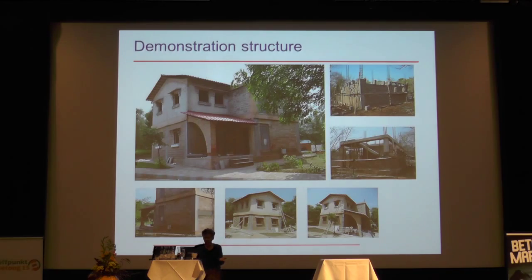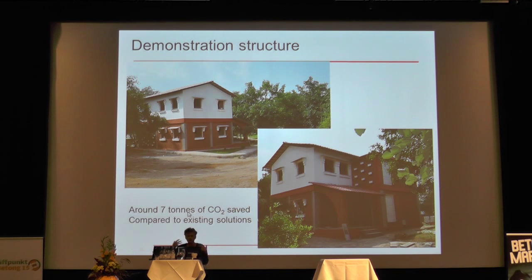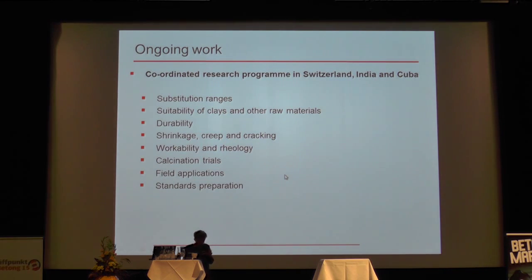And we went further, making all these blocks, and here's a house. This house is built totally of LC3 materials, and it was estimated, even compared to existing solutions like fly ash blends, another additional 7 tons of CO2 was saved in building this house. So that's kind of where we are.